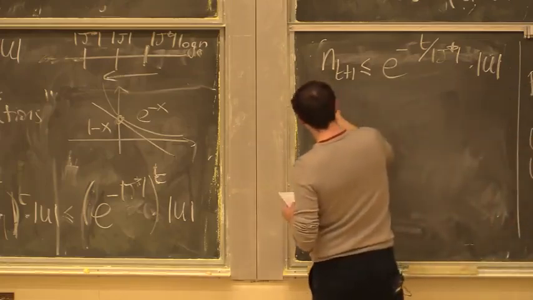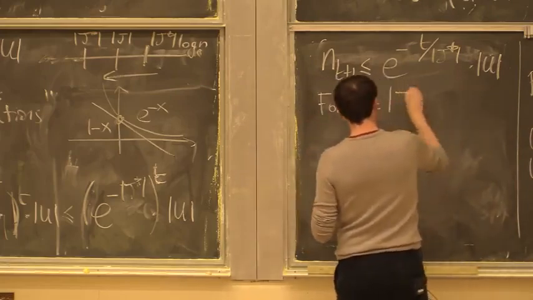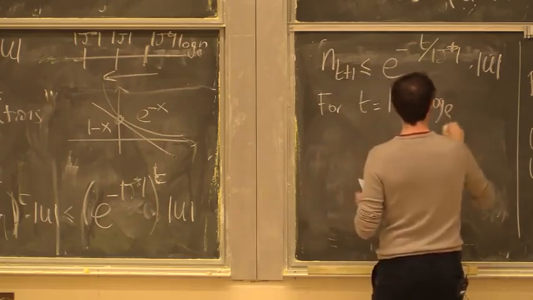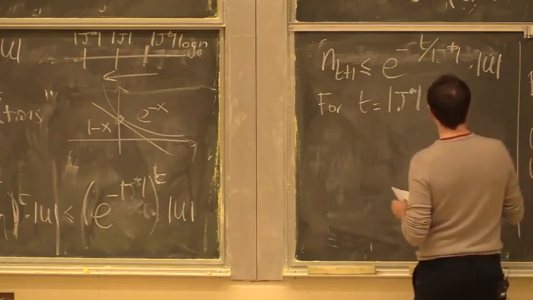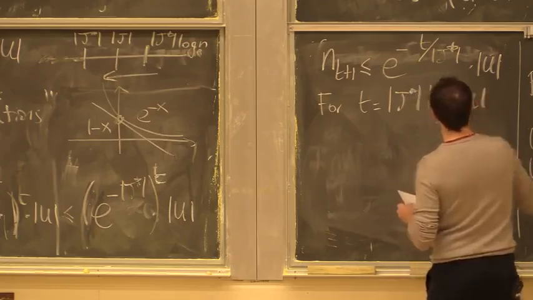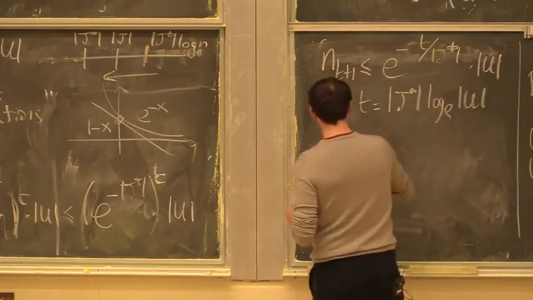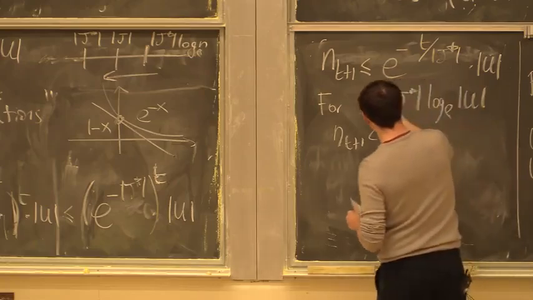And now, for t equals j star log e of u, n t plus 1 is less than 1. Maybe t is strictly greater than that, I think.